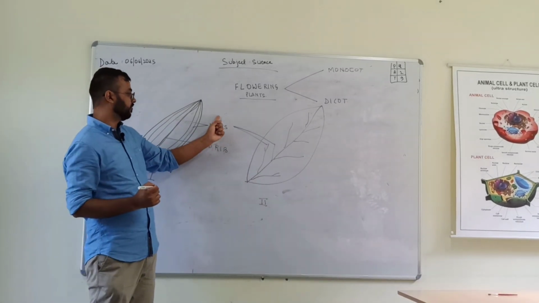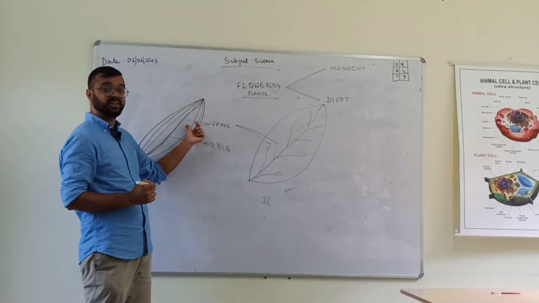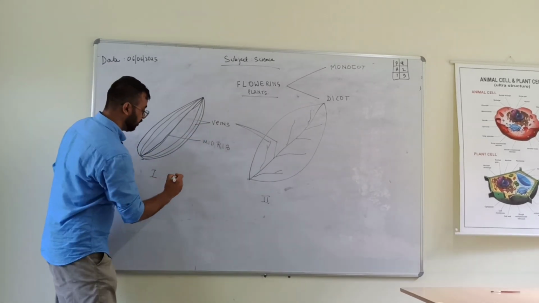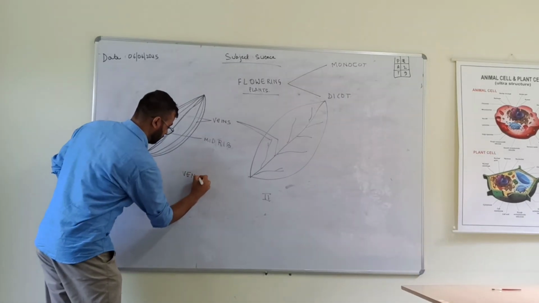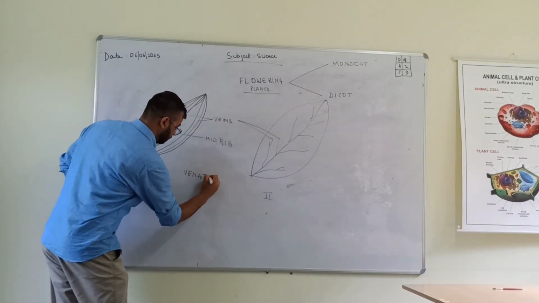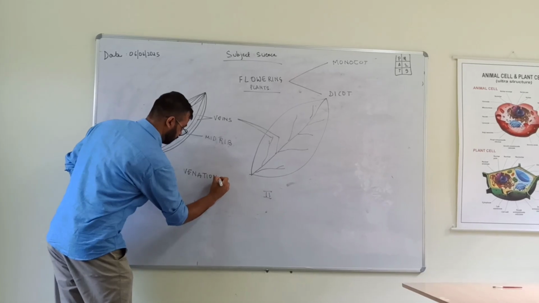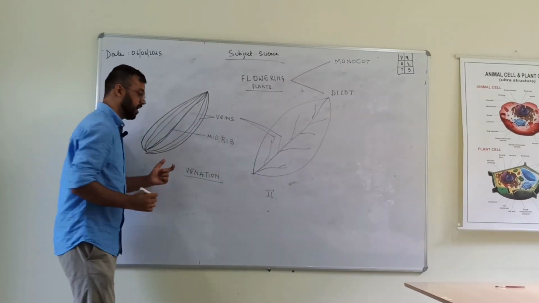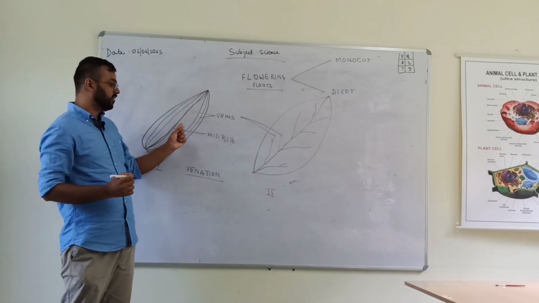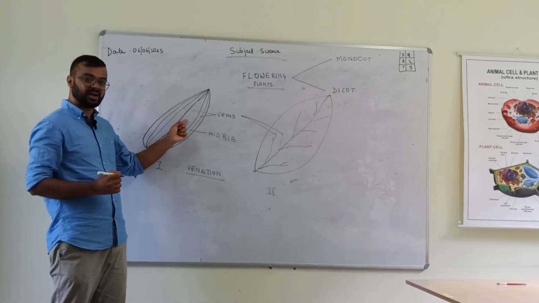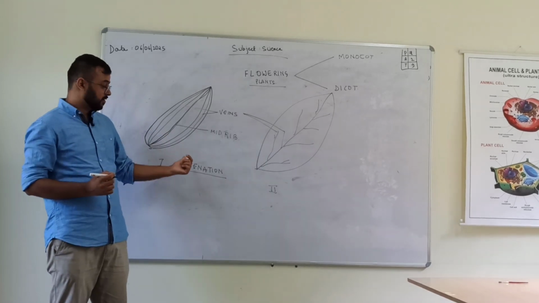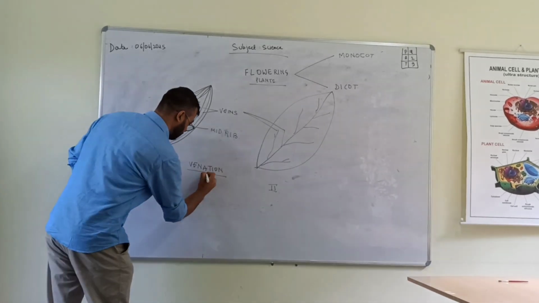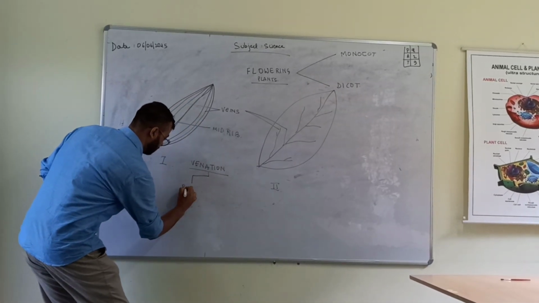The way veins are arranged in the leaf is called venation. The kind of venation in which the lines run straight is called parallel venation.